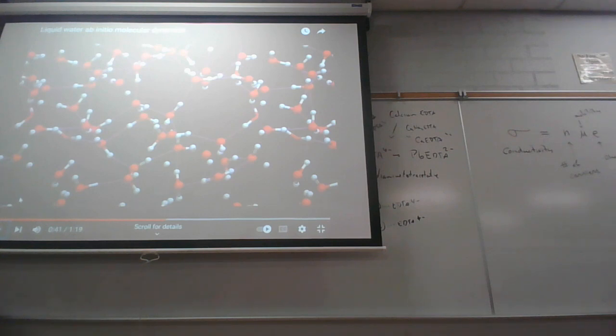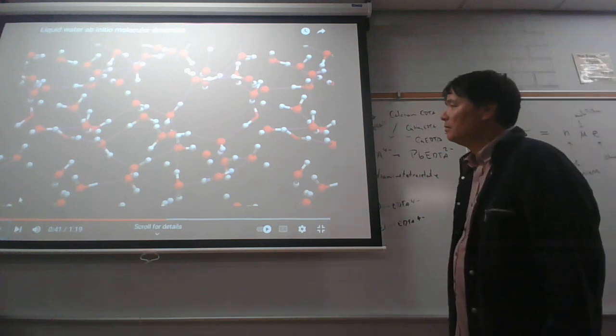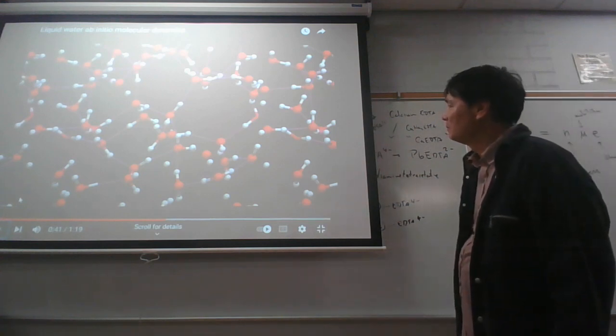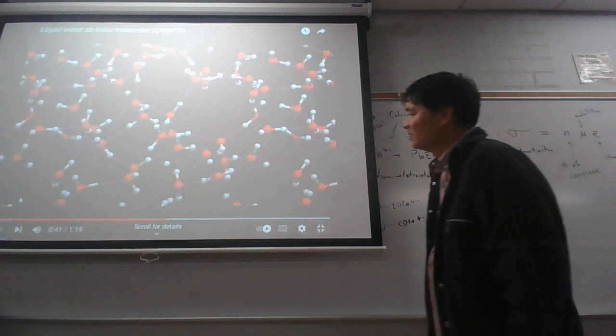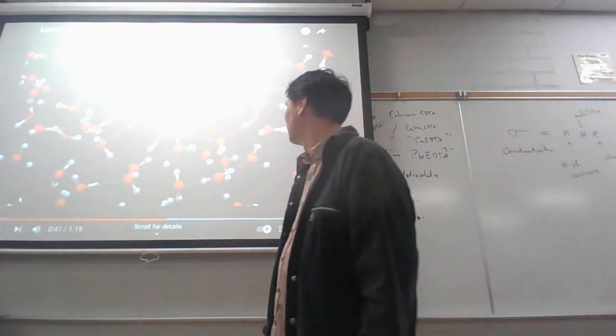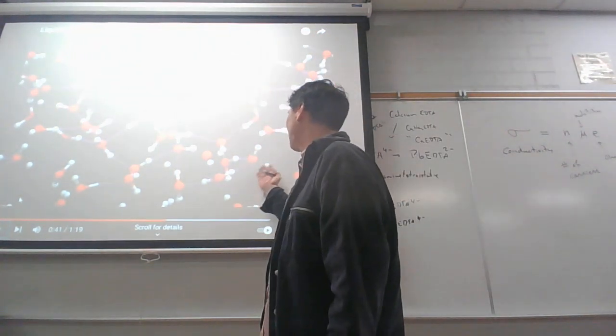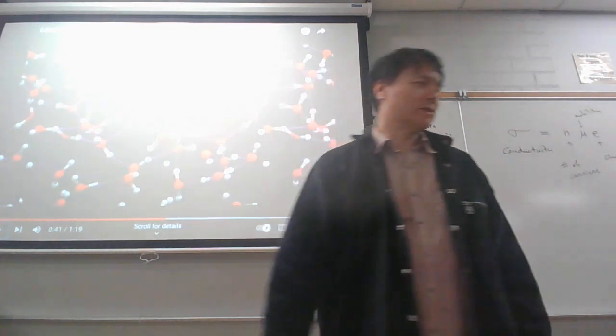Because the pH is related to H+ or H3O+. So do you see any H+ or H3O+ in water? I don't see it here. But do you know there is some? It's very little, so we probably don't see it. And these are just parts of the water molecule. You can't see the rest of it.